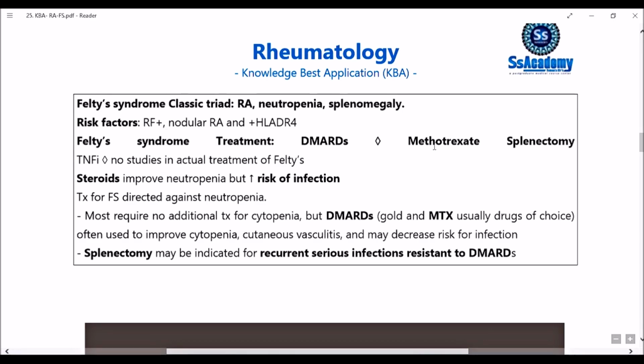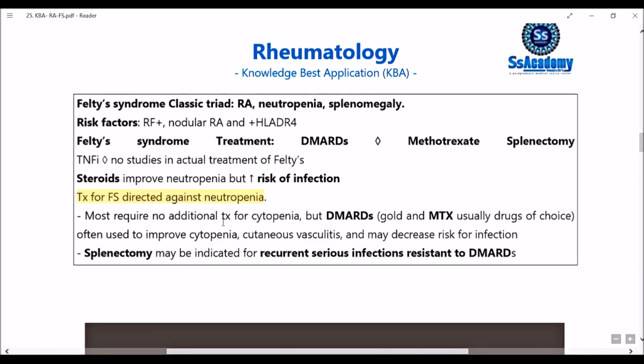Now, a short recap of Felty syndrome with the classic triad, risk factors, and treatment. Treatment is DMARDs, methotrexate, splenectomy. TNF alpha blockers have no study in actual treatment of Felty. Steroids improve the neutropenia but increase the risk of infections. So treatment for Felty syndrome is directed against the neutropenia.